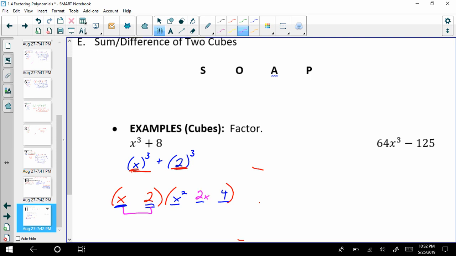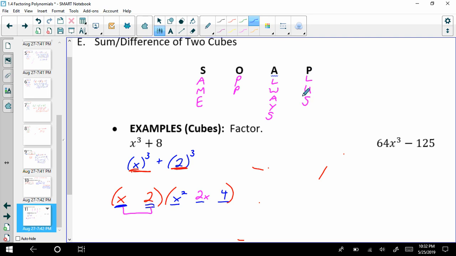And the last thing that we need are just the operations, and this is where SOAP comes into play. This is just a way to remember the signs. S stands for same. O stands for opposite. And then the final 2 letters stand for always plus.